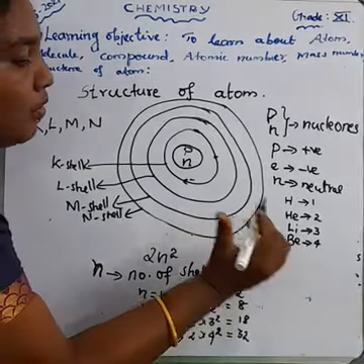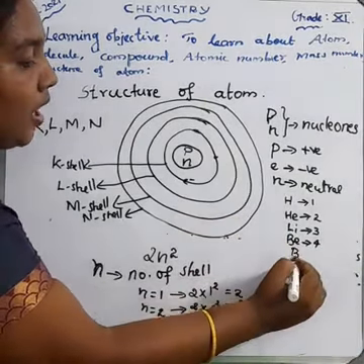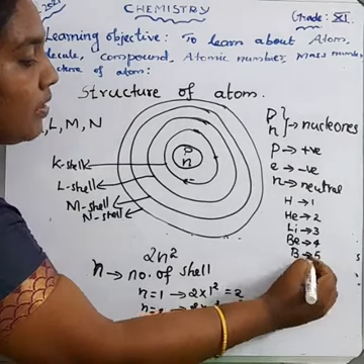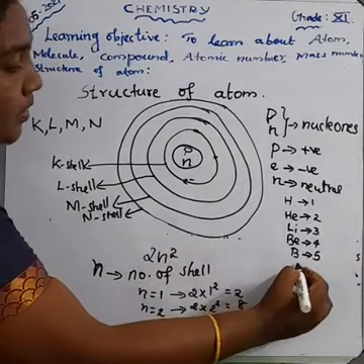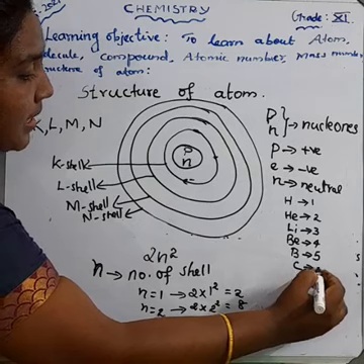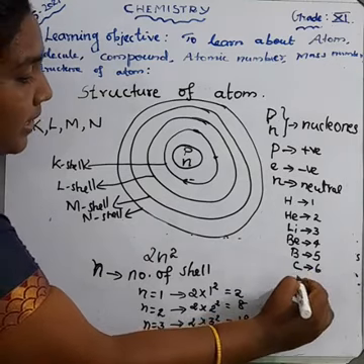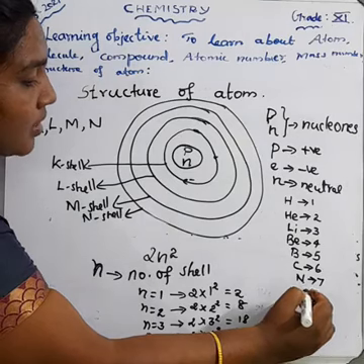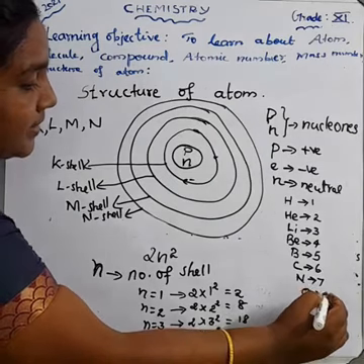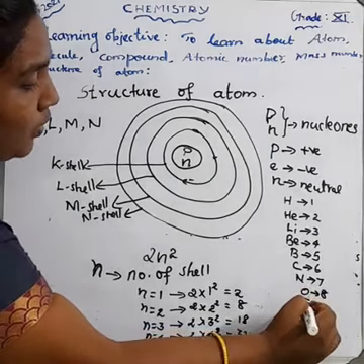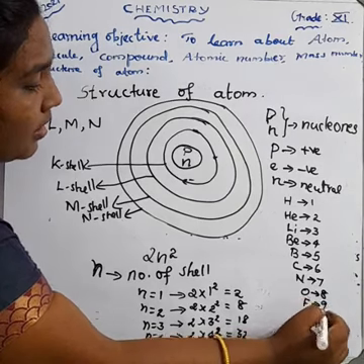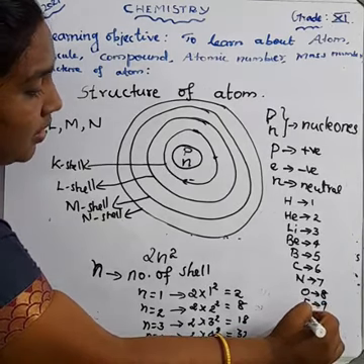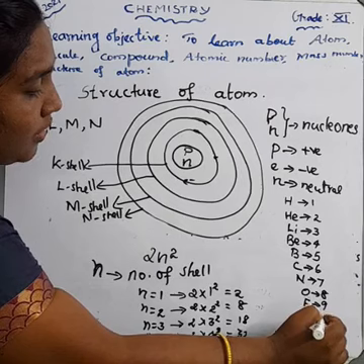The fifth element, boron, has atomic number 5. The sixth element, carbon, has atomic number 6. The seventh element, nitrogen, has atomic number 7. The eighth element, oxygen, has atomic number 8. The ninth element, fluorine, has atomic number 9. The tenth element, neon, has atomic number 10.